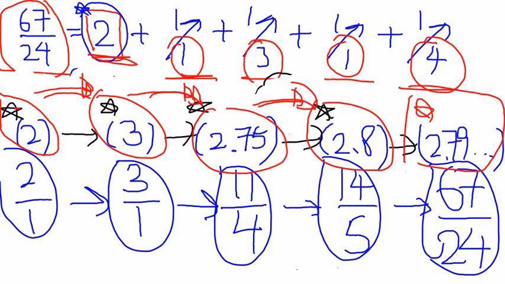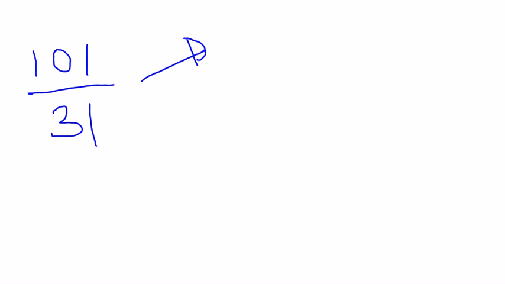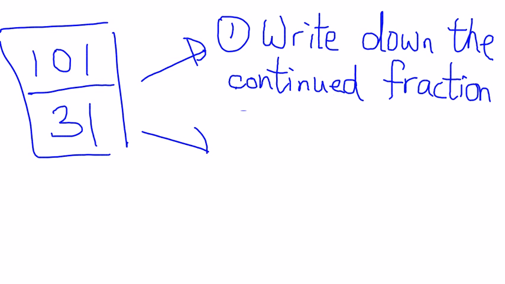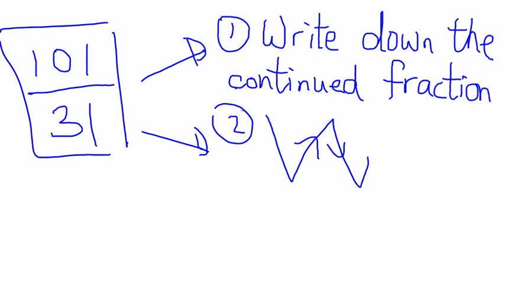At the end of this video, I give you an example. Please try the following as an exercise for yourself, as practice. For such a fraction, the first thing to do is write down the continued fraction of the fraction given here. The second step, I want you to do the previous kind of zigzag path to arrive at the original fraction 101/31, and please do it carefully.